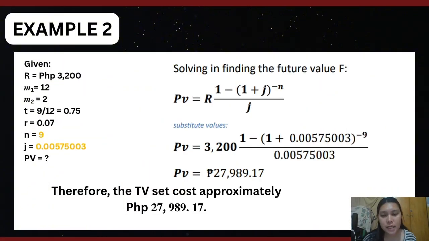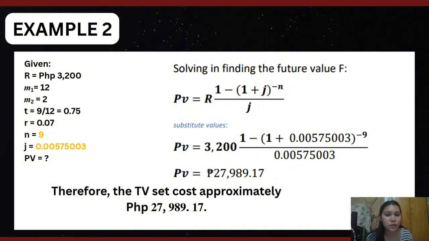Since we already have the values of n and j, we can now substitute for the present value. So the present value is equivalent to R times 1 minus the quantity of 1 plus j raised to negative n over j.